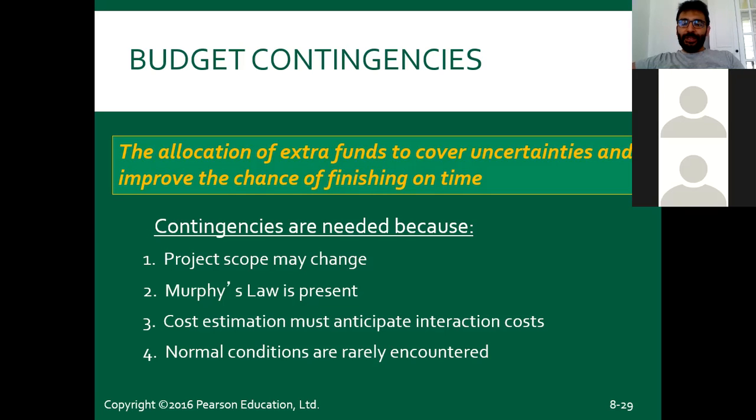So cost estimation must anticipate interaction costs, and normal conditions are rarely encountered. A plan is never 100% true. Even if you use very complicated calculation methodologies and plan it very well, in reality the plan is not accurate. What we look for is the closest to accurate.